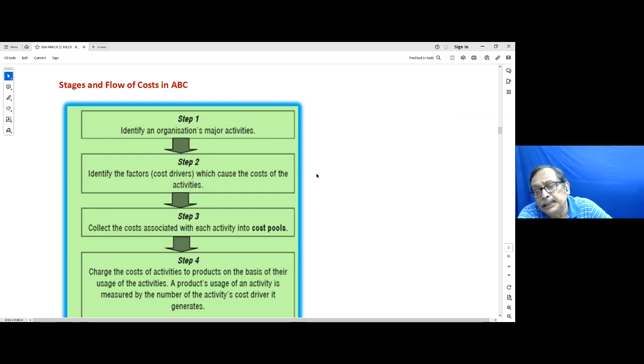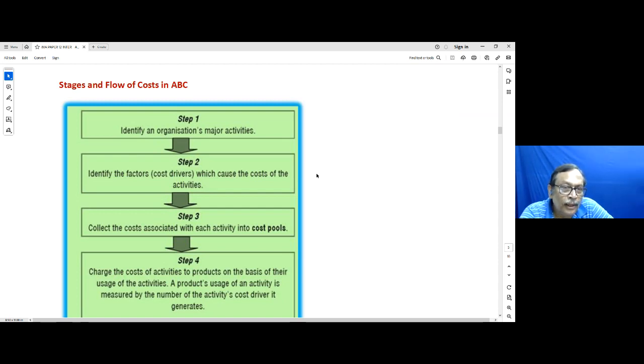So some value addition is actually being done with reference to different products. Non-value added activities mean, supposing there is a big distance between stores and production departments. So you have to carry the raw materials from the store and issue them to the production department. It requires handling of materials several times.